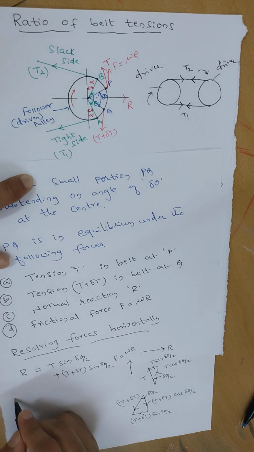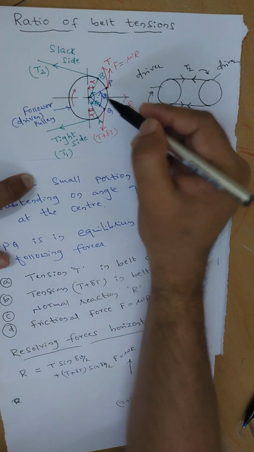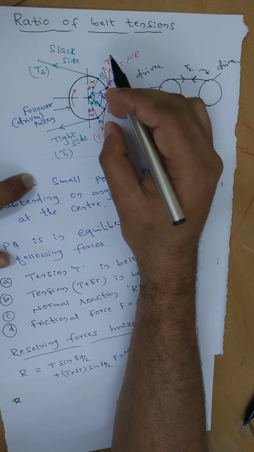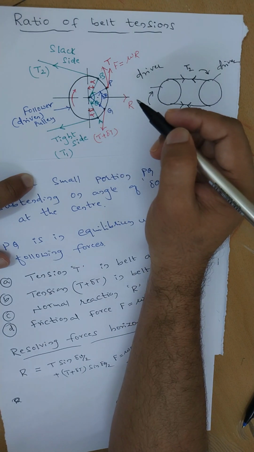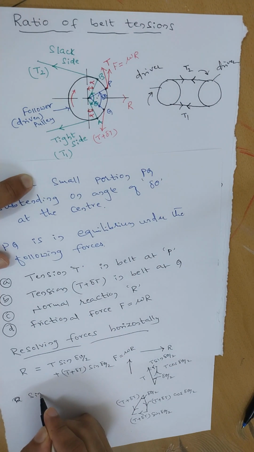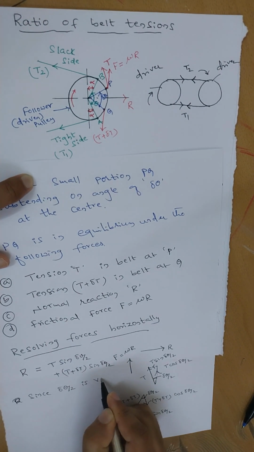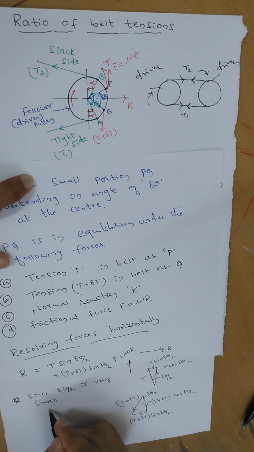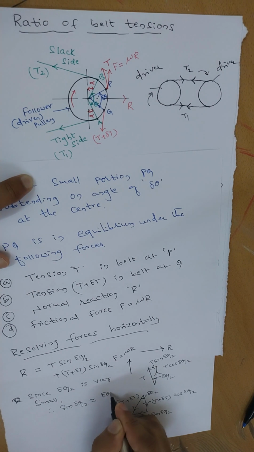Now simplify this one. See here, θ/2 is very small. This is θ. dθ/2 is very, very small because we have taken a very small portion of the belt. So since dθ/2 is very small, therefore sin(dθ/2) is nearly equal to dθ/2.